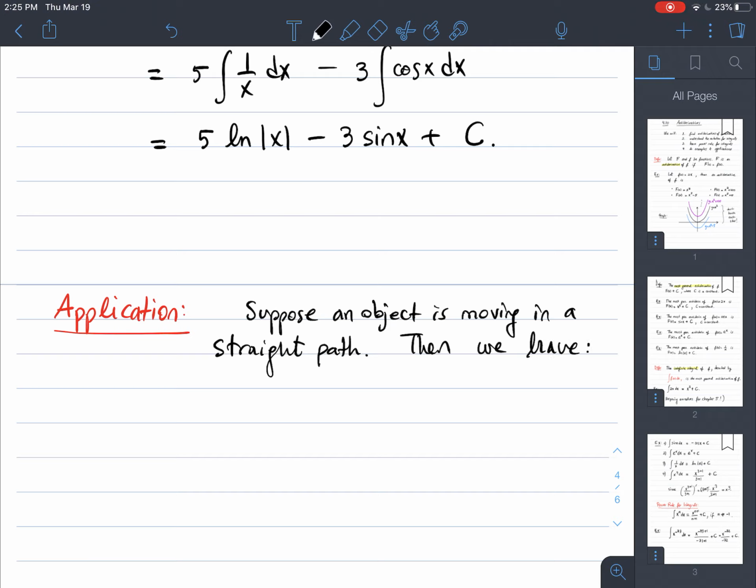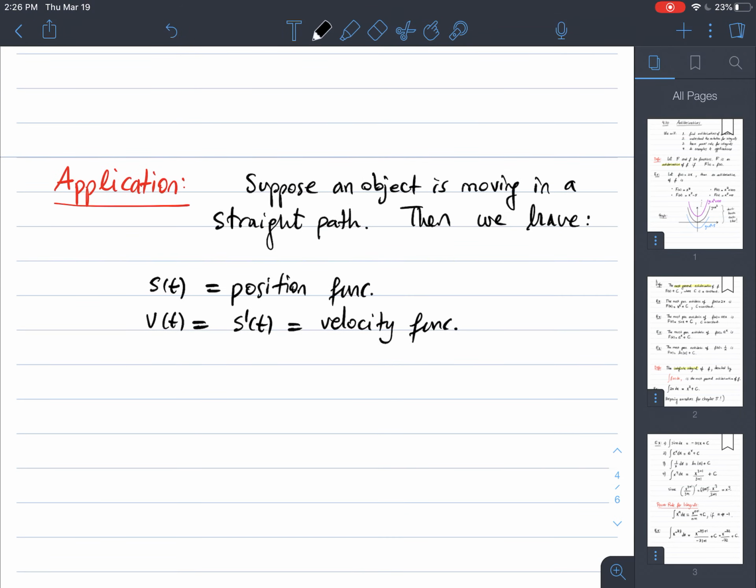So if you say that s(t) is a position function, then the velocity function v(t) is the derivative of the position function. And the acceleration function a(t) is the second derivative of position, which is the first derivative of velocity. So this is acceleration.